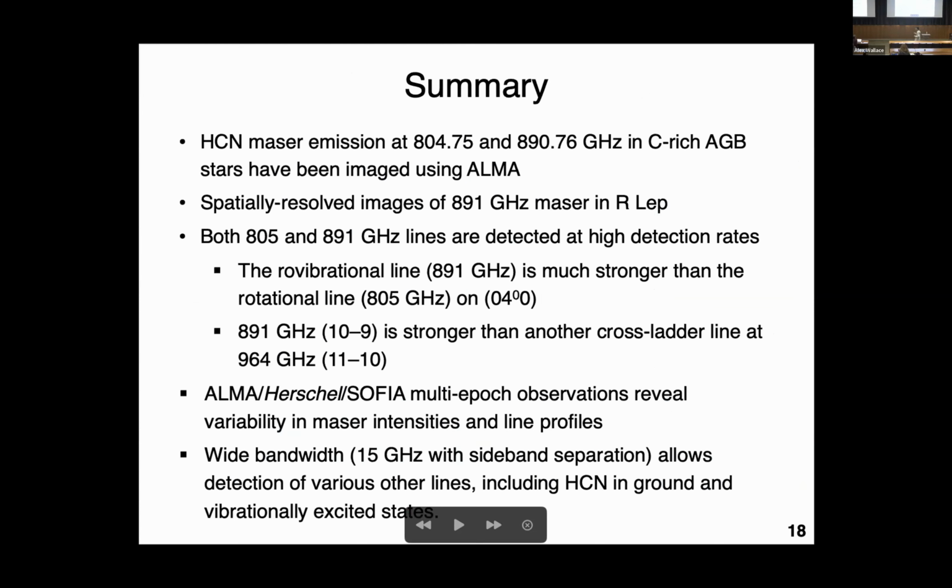I'm leaving my summary slide here. We have detected a large number of HCN masers with different instruments, including ALMA, Herschel, and SOFIA. We have obtained a spatially resolved image of the 891 gigahertz maser, which is always stronger than the 805 gigahertz maser, and also another cross-ladder transition at 964.